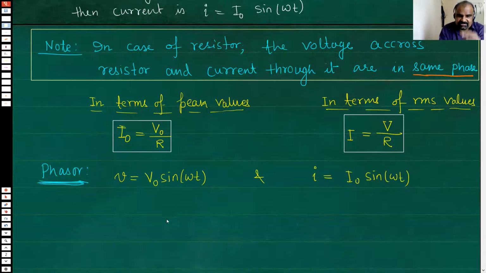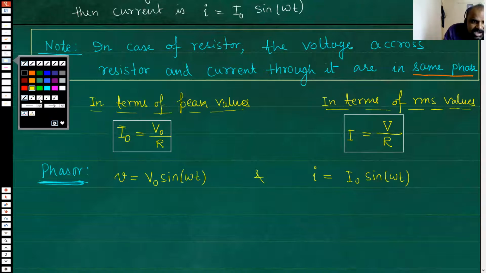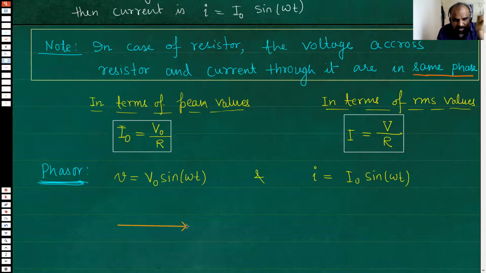Now look at voltage. Is it a sinusoidally varying quantity? Yes. And what did I say just now? Any sinusoidally varying quantity can be represented with the help of an arrow. So I can create an arrow to represent this voltage. So this arrow represents this voltage.